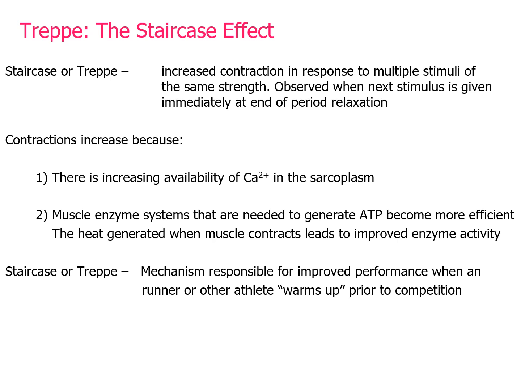The other is that many enzyme systems, including muscle enzyme systems that are involved in the generation of ATP, are more efficient when they are warmer, at a higher temperature. And contraction of muscle will cause an increase in the temperature of the tissue.